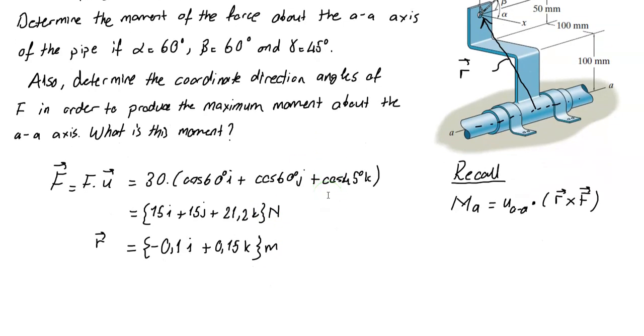And our U vector that we'll be using for this dot product operation is simply J.